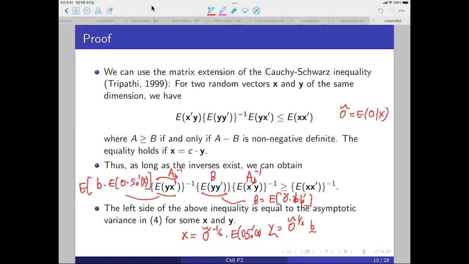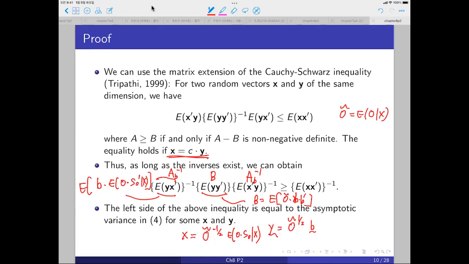Oops, sorry. This is the expectation of O S0 given X, right? Because we choose this to be equal to this, that means B(X) has to be this. So that means we are done, because we know the optimal solution occurs when X equals Y, essentially times c, but c is constant.